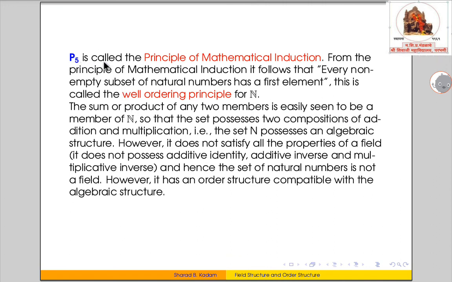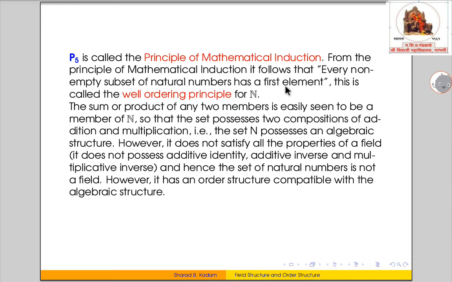Here this property P5 is called the principle of mathematical induction. From the principle of mathematical induction it follows that every non-empty subset of natural numbers has a first element.